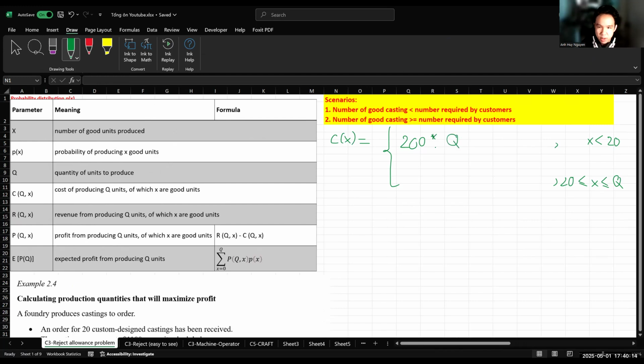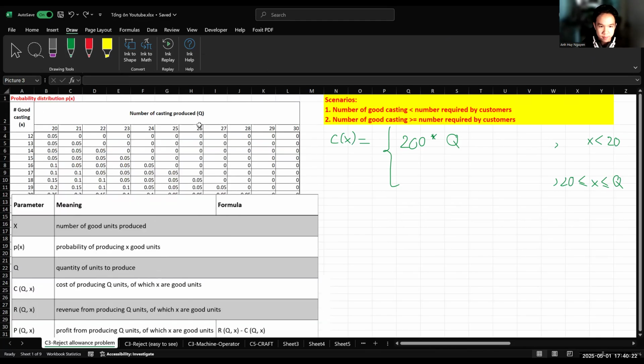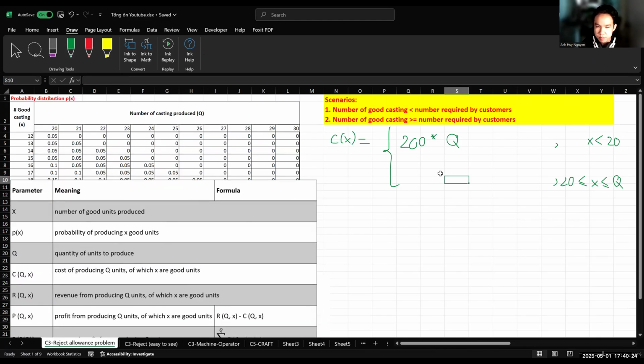Why 200? Because it's the recycle value, and Q is the number of castings you schedule to produce. So for example, if you can only produce 18 good castings, you will have to recycle all of them. The customer won't buy from you.